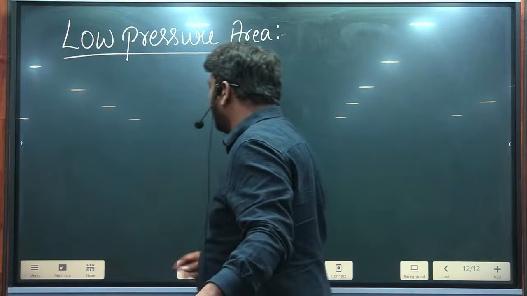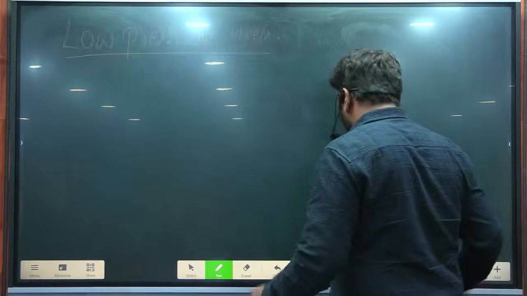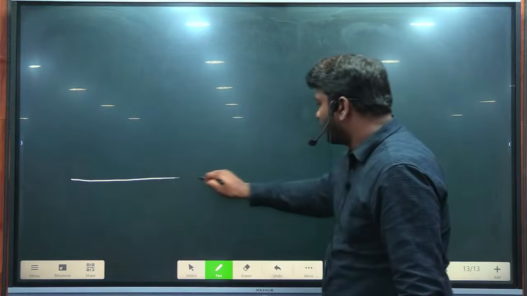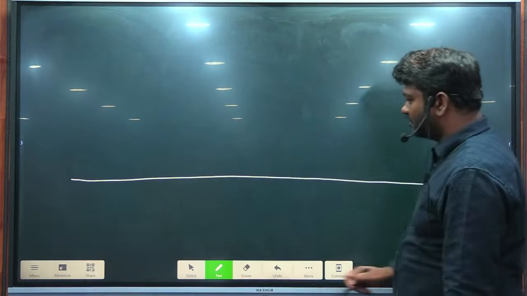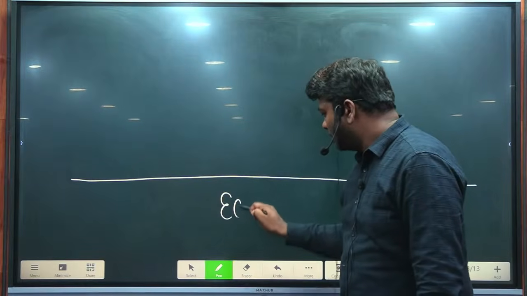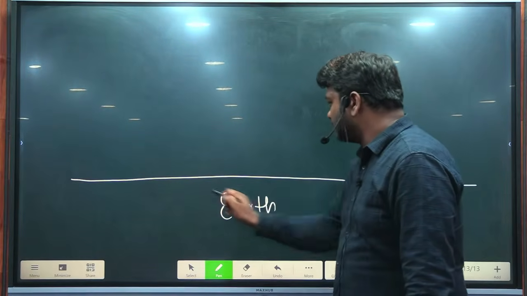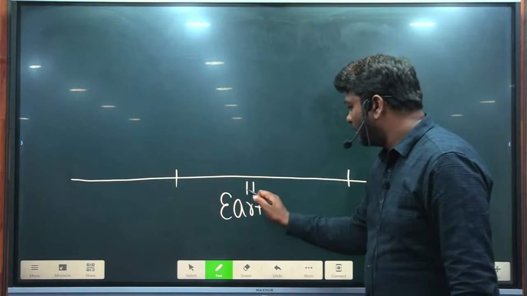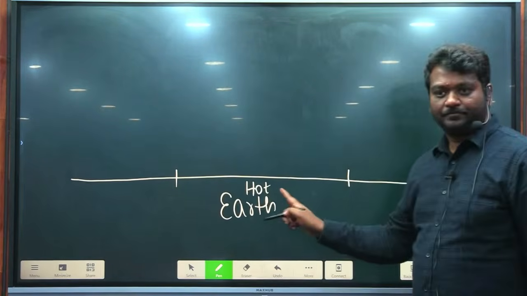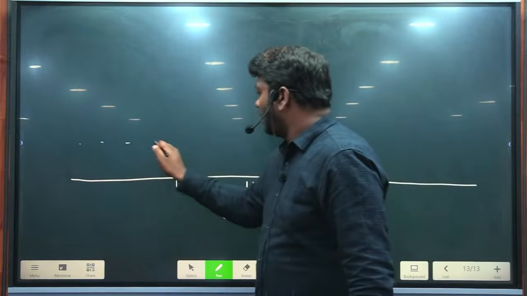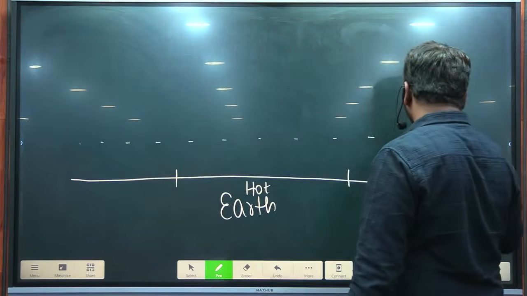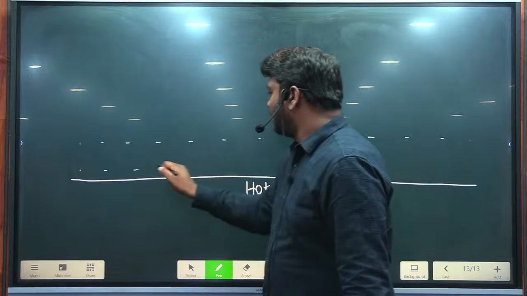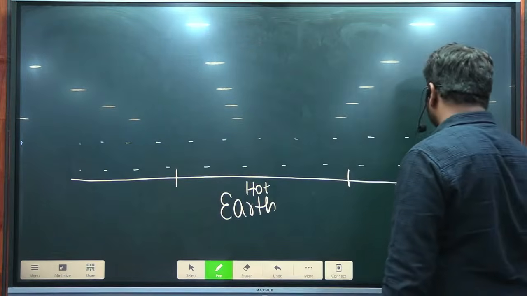Now, you see, observe carefully for 2 minutes. You have Earth's surface. In this Earth's surface, this particular part became hot. But everywhere you have the same amount of air particles.